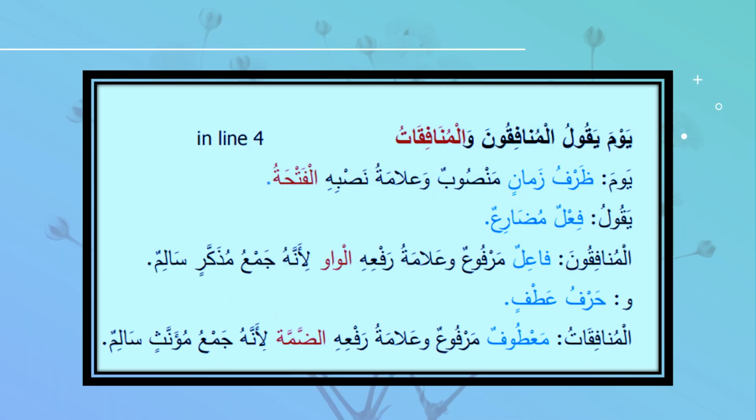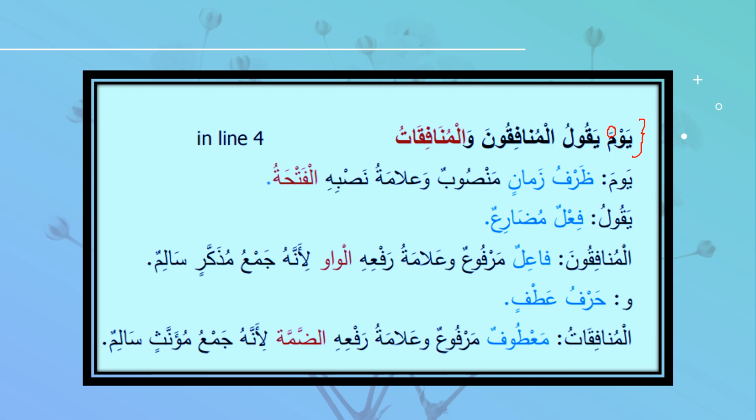Here is an example of jumla fi'liya. Yawma yaqulul munafiquna wal munafiqatu. Yawma is a noun which can come as a noun and it can also come as a zarf. The moment you see a fatha over it, know that it has come as a zarf.